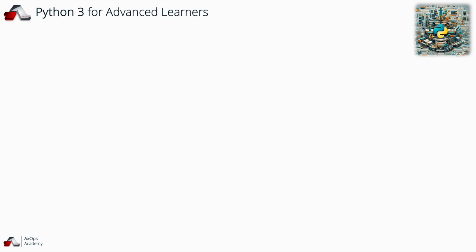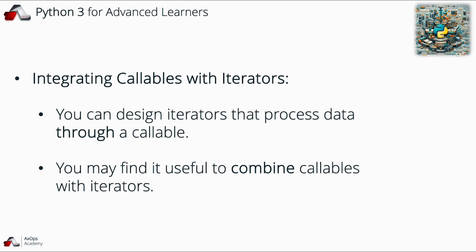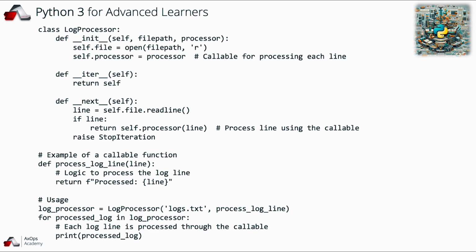In more advanced use cases, like in streaming log processing, you might find it useful to combine callables with iterators. For instance, this code example demonstrates how to design an iterator that processes each log entry through a callable. You have a class at the beginning called LogProcessor with an init method, an iter method, and a next method.